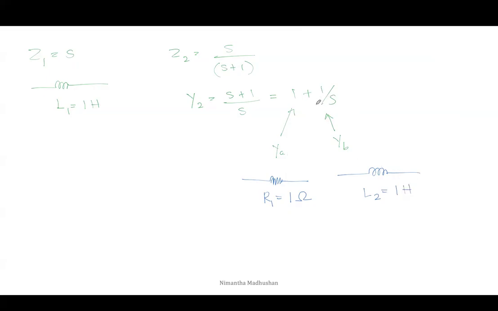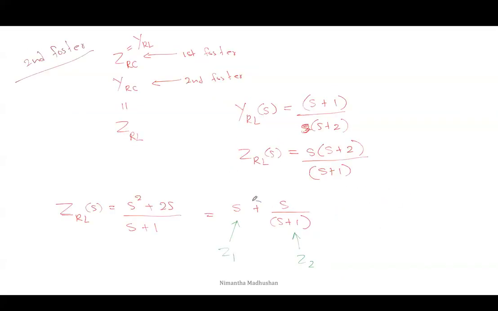These two are connected in parallel because of this plus mark, a resistor and inductor connected in parallel, L2 and R1. But in the total system, these two are connected in series because of this plus mark. Then I can draw the final circuit. First element is an inductor, L1 is 1 Henry. For the second part, there are two elements, an inductor and a resistor.